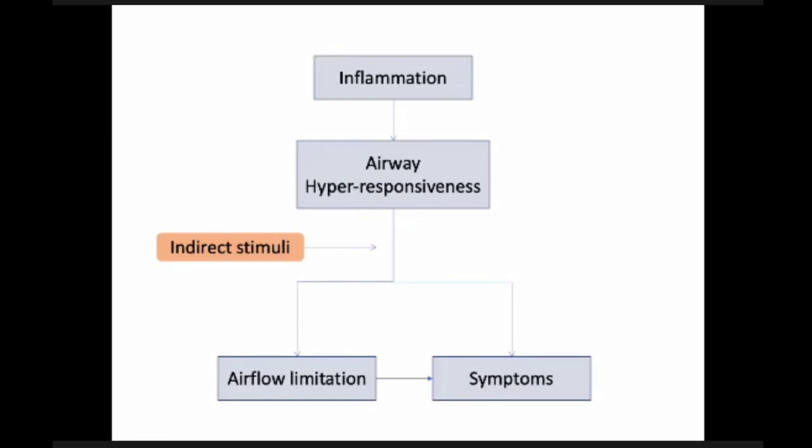They are either direct stimuli like allergens, allergic substances, or some indirect stimuli. So there's inflammation, it's causing airway hyperresponsiveness. When it is subject to some triggers which can be either allergens or indirect stimuli, there's airflow limitation and the production of clinical symptoms.